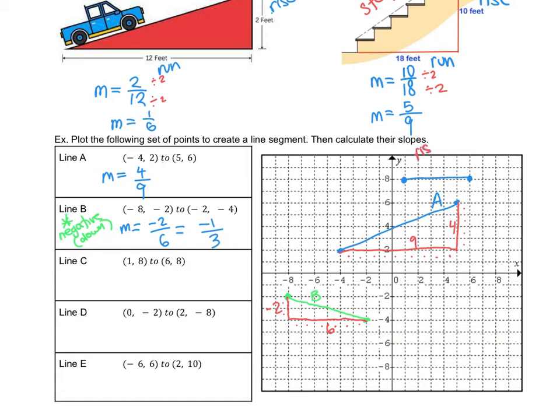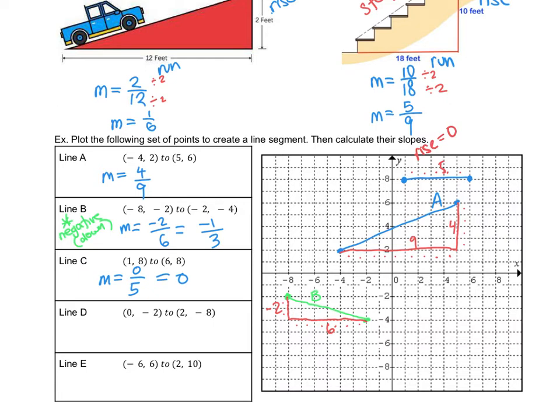So there is no rising, so the rise is 0. My run, however, if I count, is 5. So when I do my slope, rise of 0, run of 5, 0 divided by anything, not just 0 divided by 5, 0 divided by anything is 0. And I do expect you to reduce it to 0.